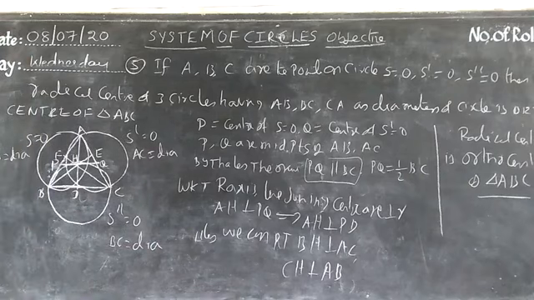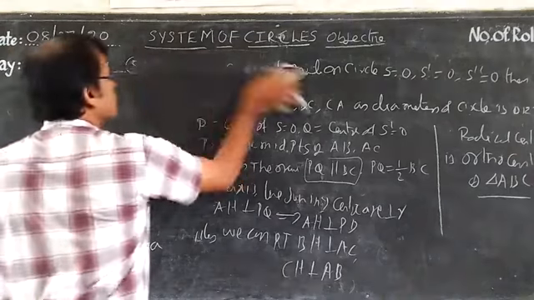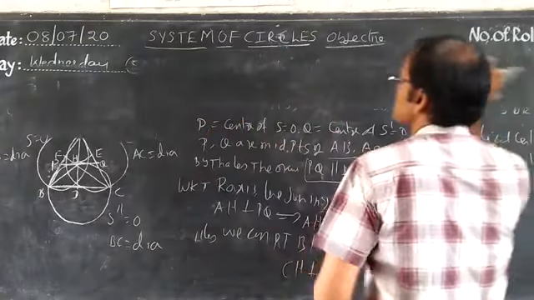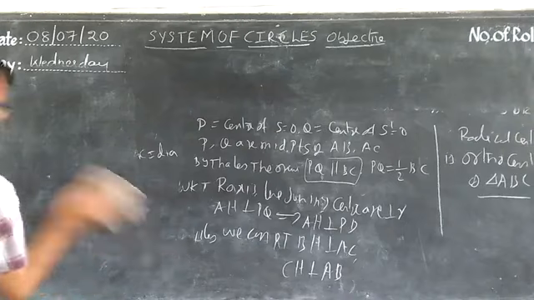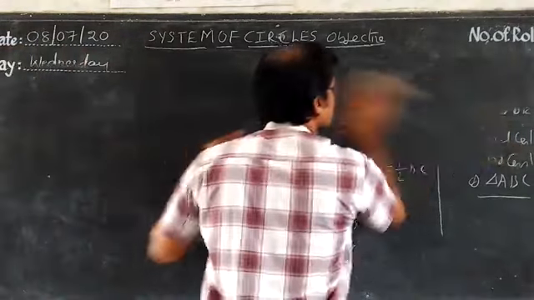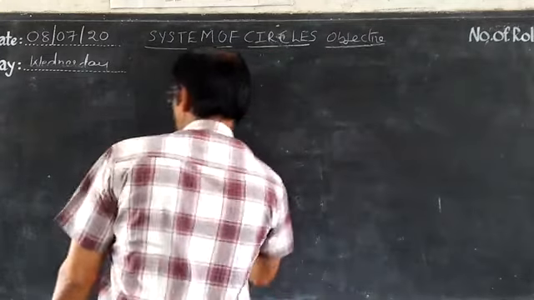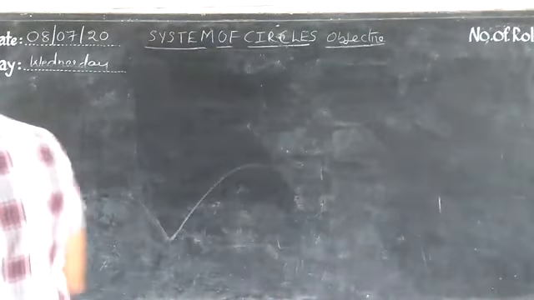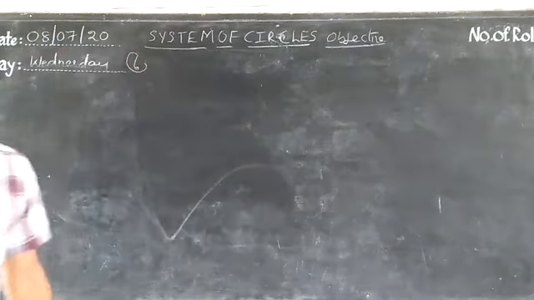Now, in a similar way, we can discuss the other radical center. What is the other radical center? If the three circles are orthogonal, then the radical center is also the orthocenter, depending on the same concept. Let us write the sixth synopsis.